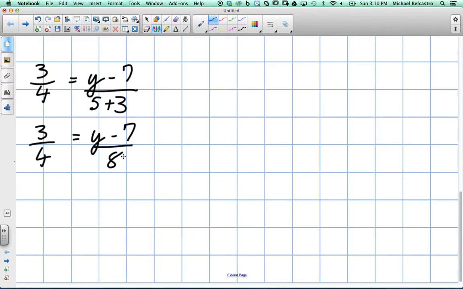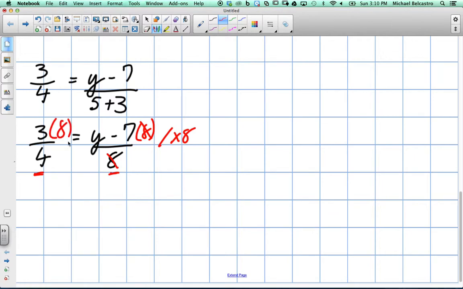Okay. There's a couple different ways we can go about this. I can bring the 8 over, and we keep it as a fraction. Or I can multiply by a common multiple of our denominators to get rid of our fractions. A common multiple of 4 and 8 is actually 8. So I'm going to multiply both sides of the equation by 8. The 8 and the 8 create a 1, also known as being canceled out.